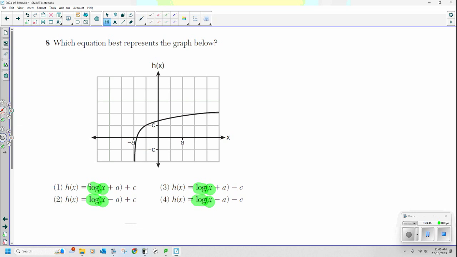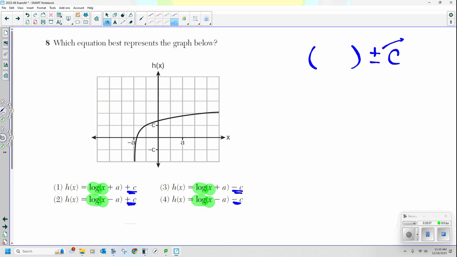Let's go back here. Let's start with the outside, add or subtract something outside parenthesis, like the C is. The A is inside the parentheses. Okay? So if I add or subtract something, we'll call that a C, outside the parentheses, that means my graph is going to move up or down.